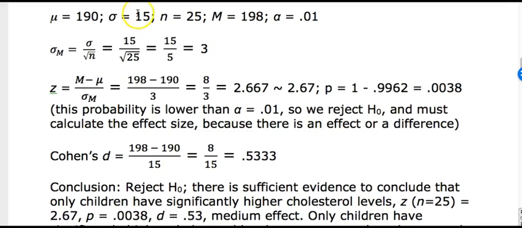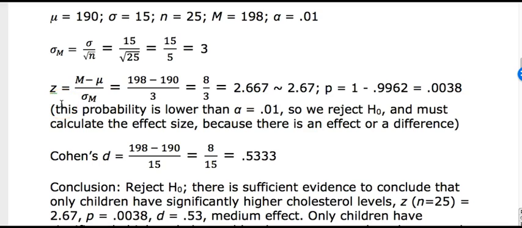Remember, we're dealing with a sample n equal to 25, so we need to calculate standard error so that we don't have a fraction in the denominator of the z statistic, right? So standard error is sigma M equal to sigma divided by the square root of n, which is equal to 15 divided by the square root of 25, which is equal to 15 divided by 5, which is equal to a nice whole number 3.